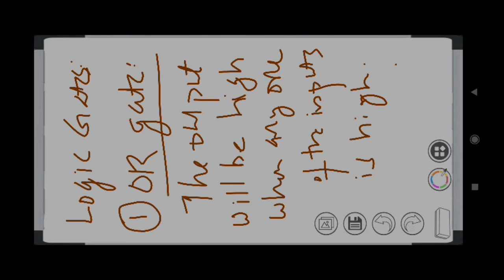We have to construct an electronic circuit which functions according to this condition. Your electronic circuit must give a high output whenever any one of the two inputs is high. We have to construct the OR gate by keeping in mind this statement.